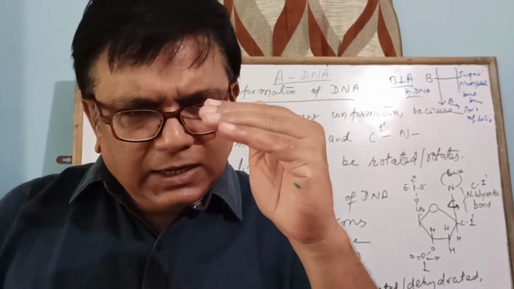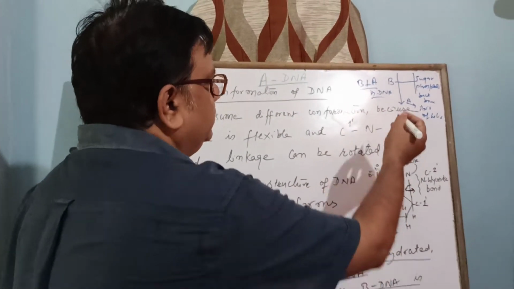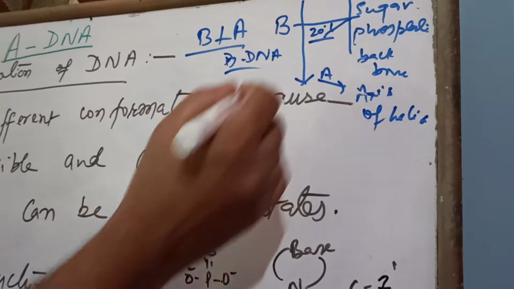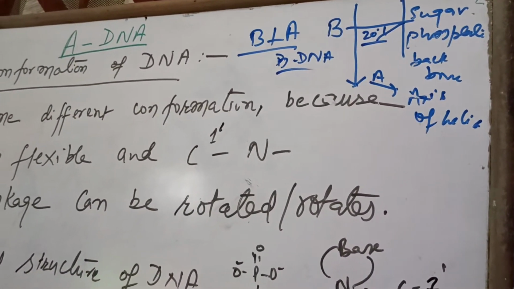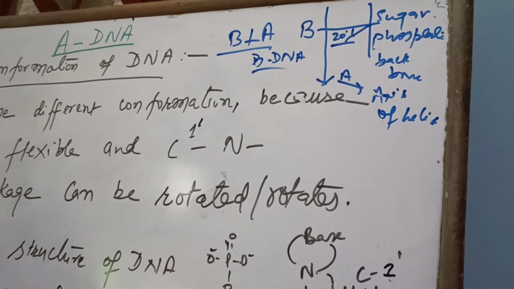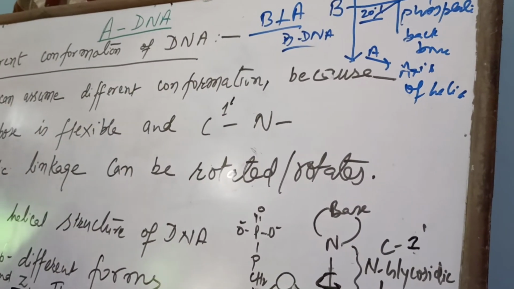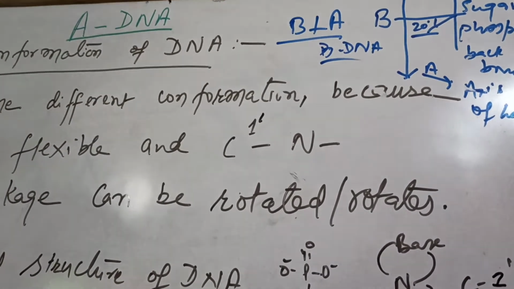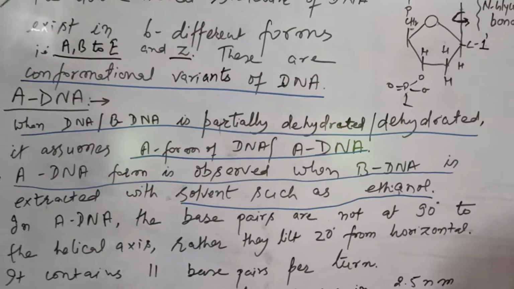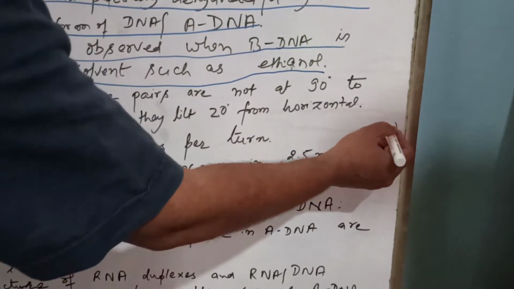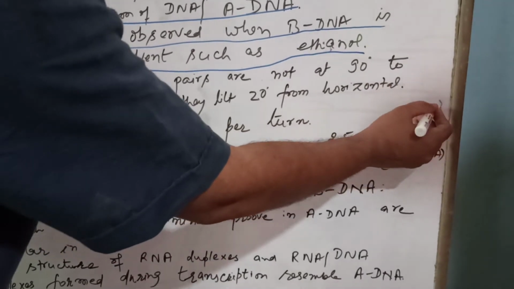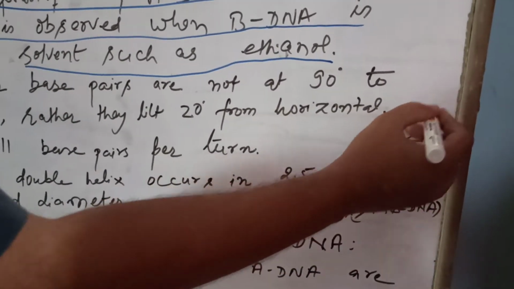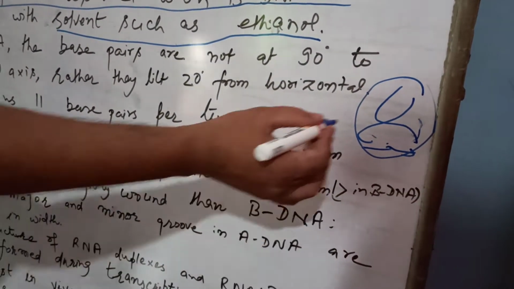Okay, so they are tilted a bit from the original horizontal position, by 20 degrees. So now in A-DNA, the bases are not perpendicular to the axis of the helix, rather they tilt at 20 degrees. Now another interesting fact: this is the diameter of the helix, with two anti-parallel strands.